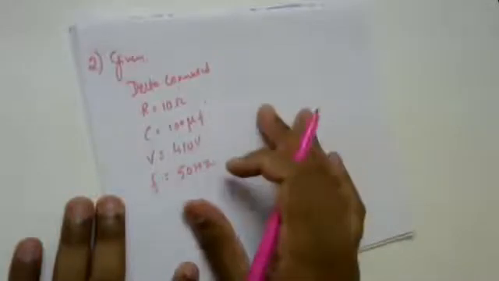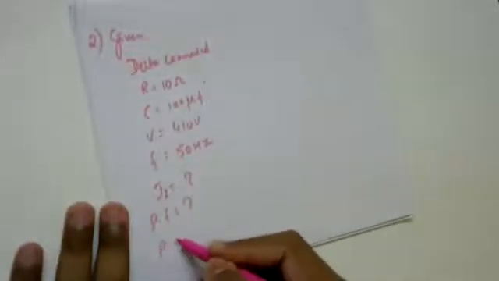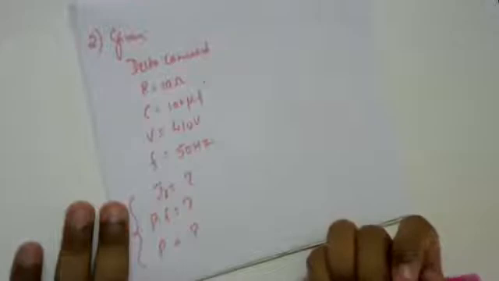Find the line current IL, then power factor, then power. These three parameters he is asking us: line current, power factor, and the power.